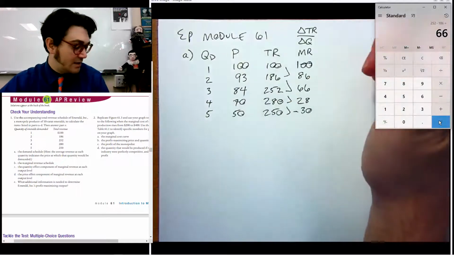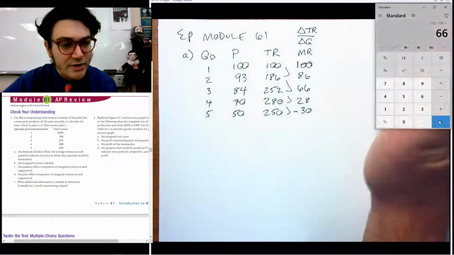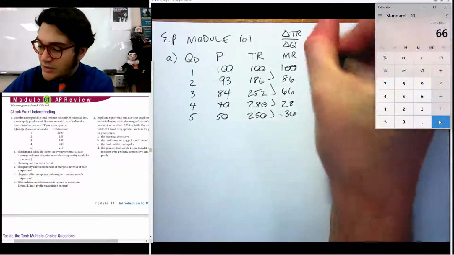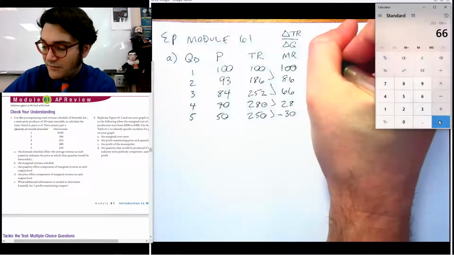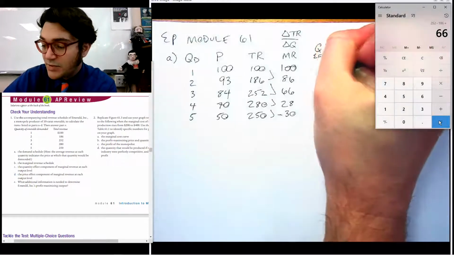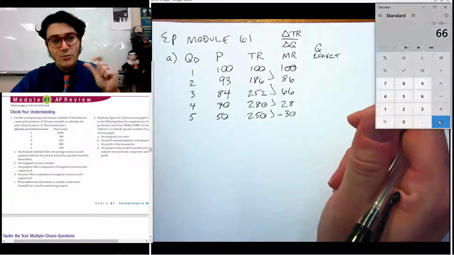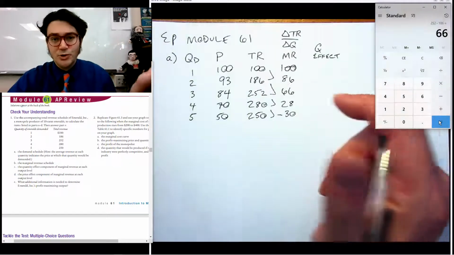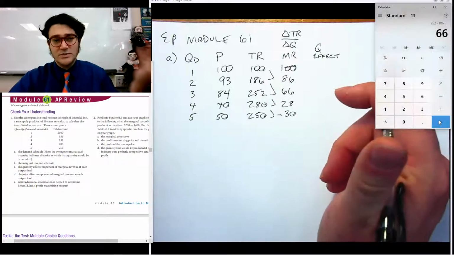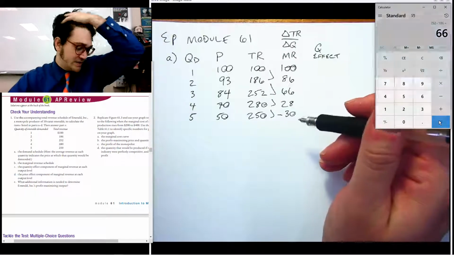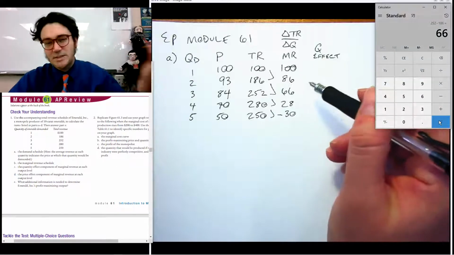And then it says for part C, the quantity effect component of marginal revenue at each output level. So that's just a fancy way of saying, by selling an additional unit, how much more marginal revenue did you get as a result of selling that unit? This is kind of weird, but it's basically the same as the price.